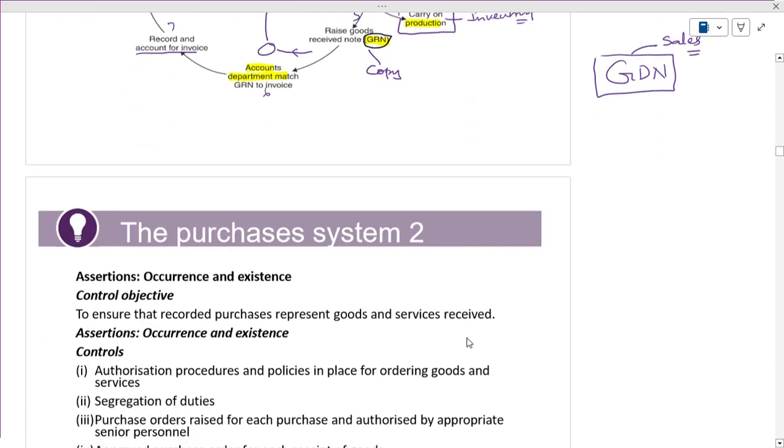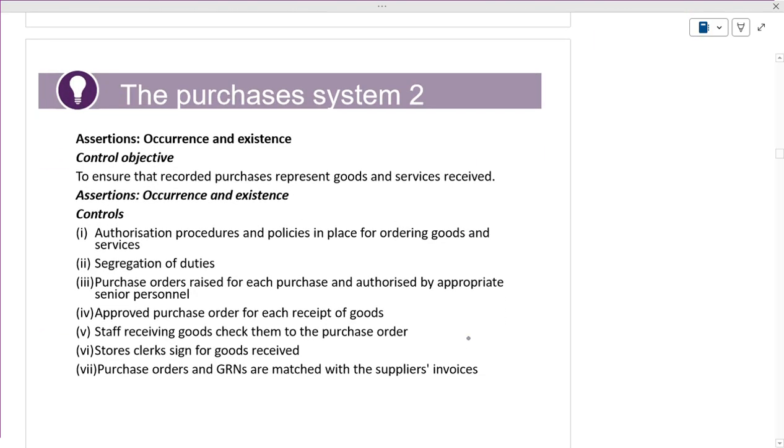What are the things? Occurrence. To ensure that the recorded purchases, whatever you are recording, are right. Recorded purchase order, LPO, represents goods and services received. Whatever order you are placing, the purpose is that you have received it.